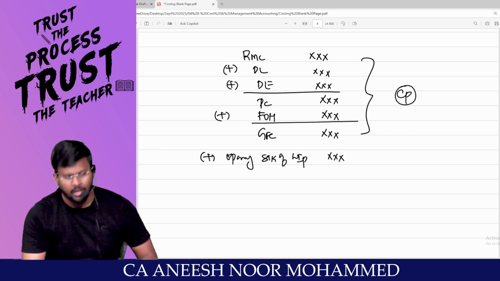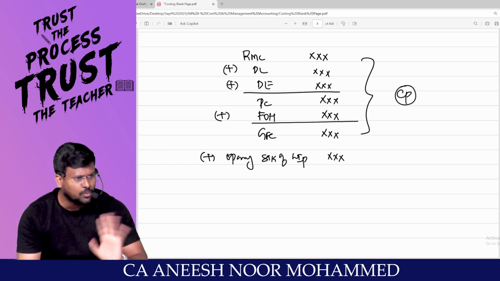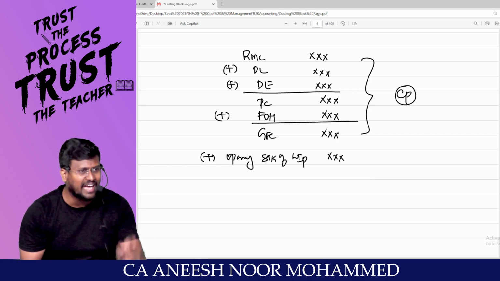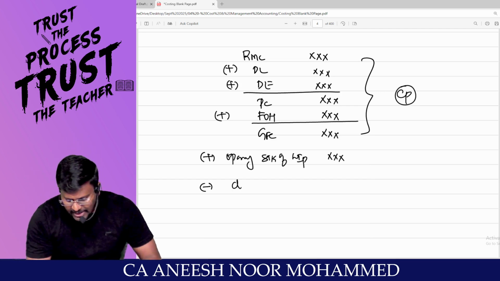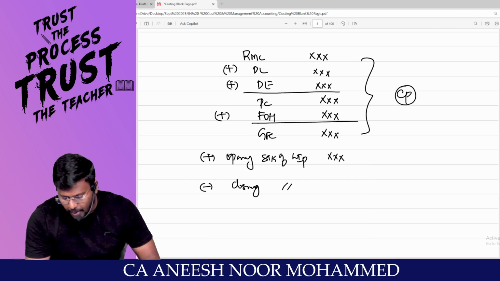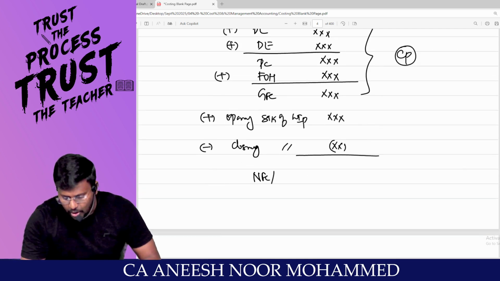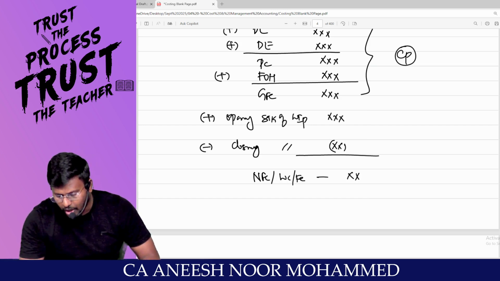But out of the total current period cost, 100% would not have been completed. That will be standing as closing stock of WIP. So less closing stock of WIP. I will be getting the net factory cost or works cost or factory cost.